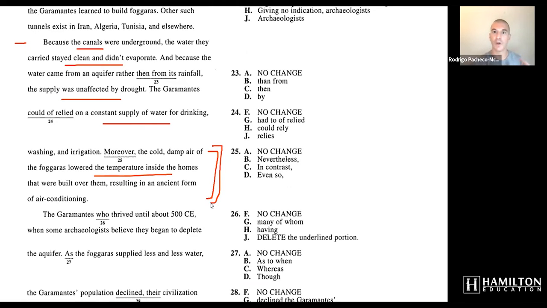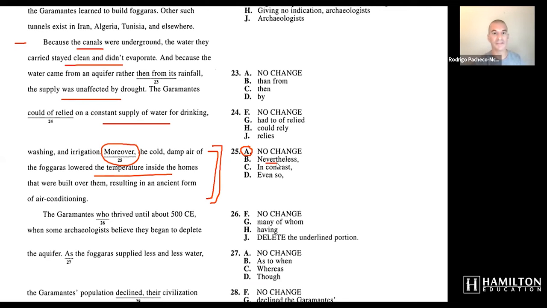It's telling us one more good thing about these canals. And for additional information, we're going to go with a no change, moreover. Moreover is used to provide additional information. This is why A is our correct answer.